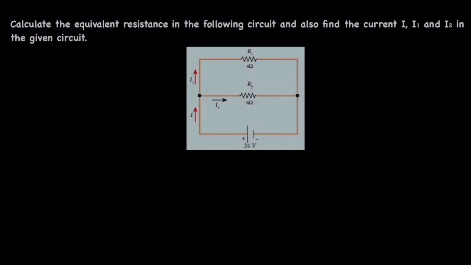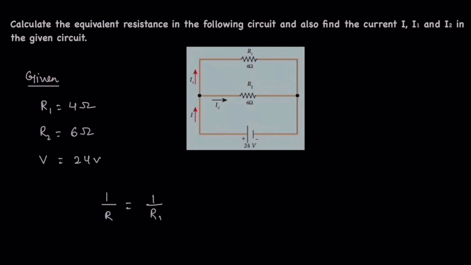Means we have to find the total resistance and then the current values. According to the question, R1 is equal to 4 ohm, R2 is equal to 6 ohm and total voltage is 24 volt. For finding equivalent resistance, we use the formula 1 by R is equal to 1 by R1 plus 1 by R2.